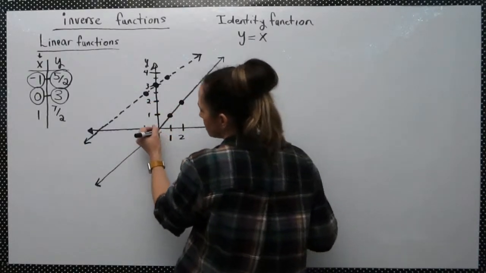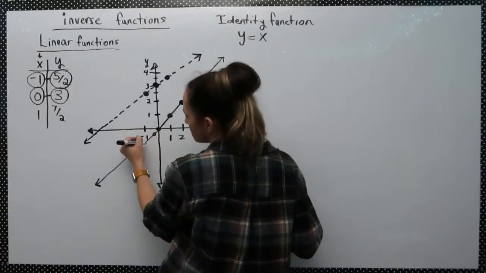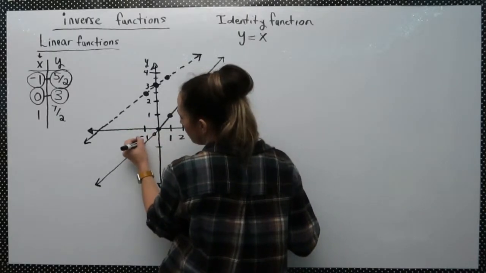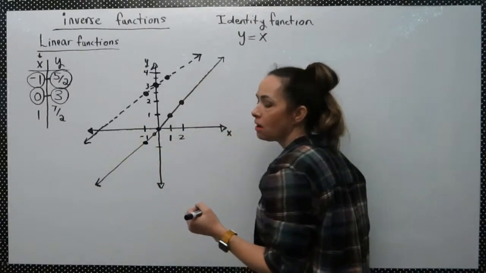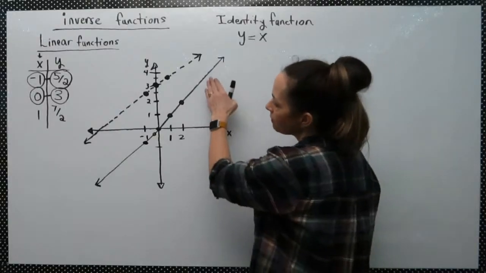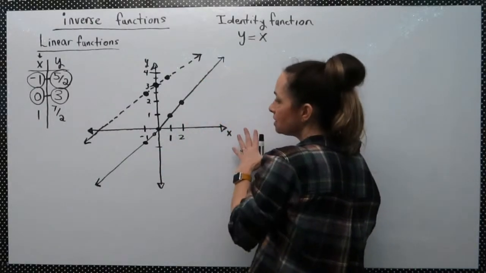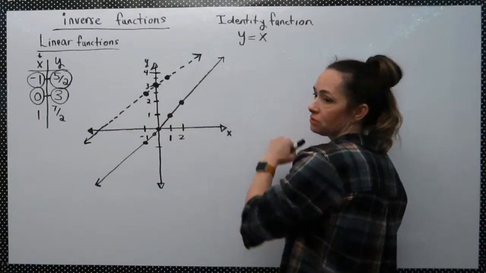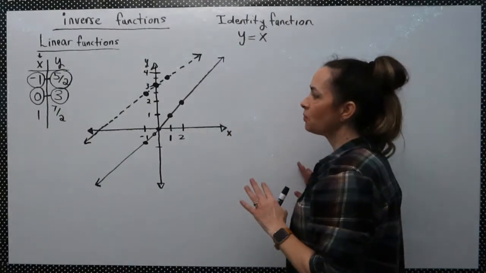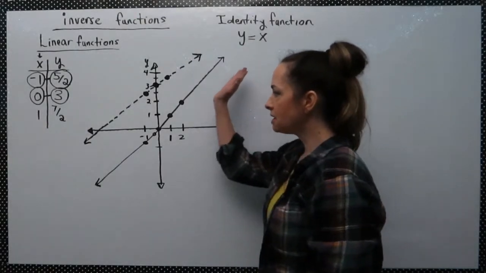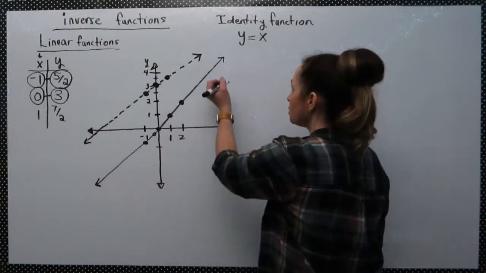When x is 0, y is 0. When x is negative 1, y is also negative 1. You see all those points show up on the graph of this line, and it's called the identity function because the values are equal. It gives you a perfect diagonal through the first and third quadrants.